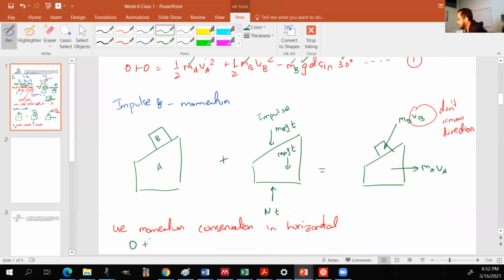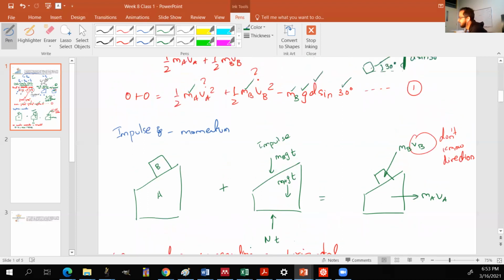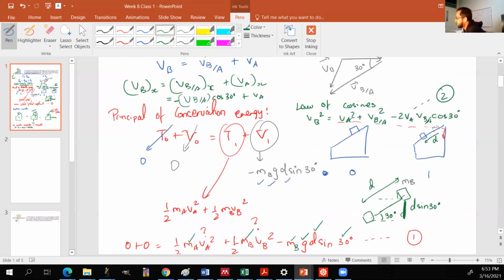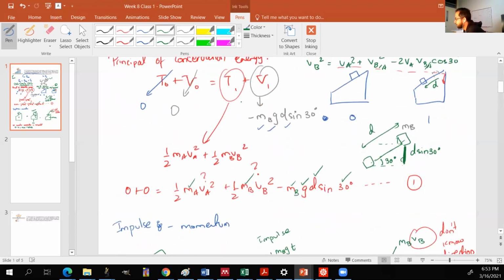There is no horizontal impulse that's imparted onto the system. That's the beauty. So we don't have to add additional unknowns. Then that's just equal to MAVA plus MB times whatever the VB X component is. And we said that that's just equal to this expression over here.